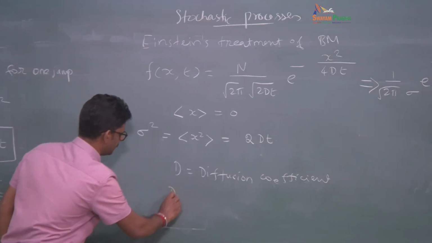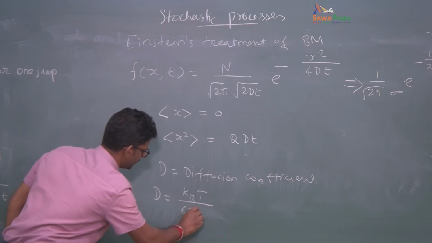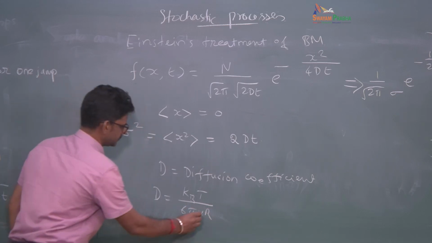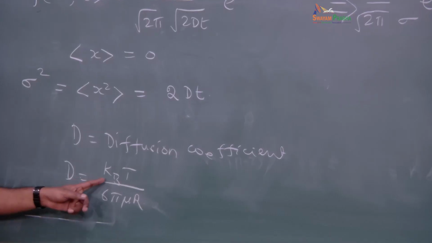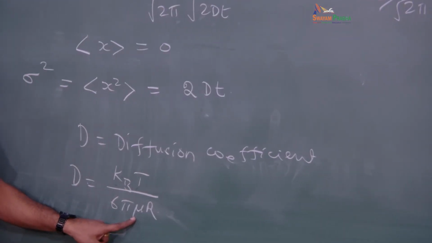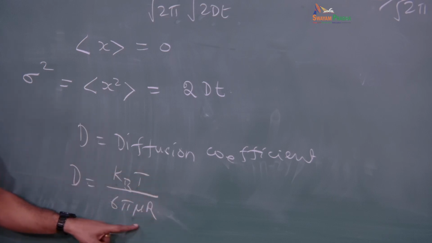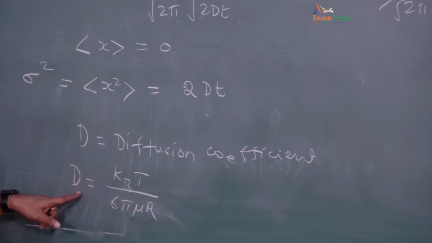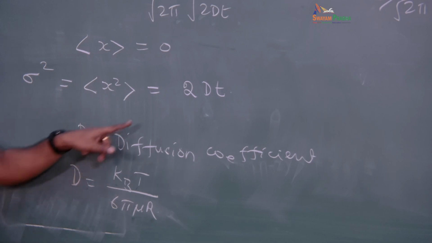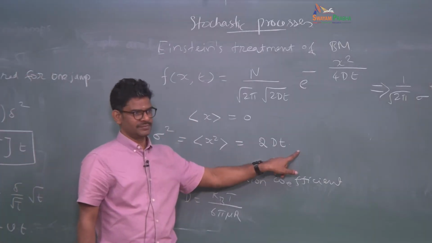And this is defined as kBT by 6 pi mu r. So kB here is the Boltzmann constant, T is temperature, mu here is the medium viscosity, and r is the radius of the particle. So these are all dependent on the condition and the particle characteristics that determine the diffusion coefficient, and this diffusion coefficient is what dictates how the diffusive behavior is going to be.